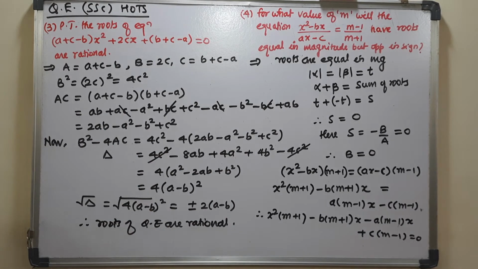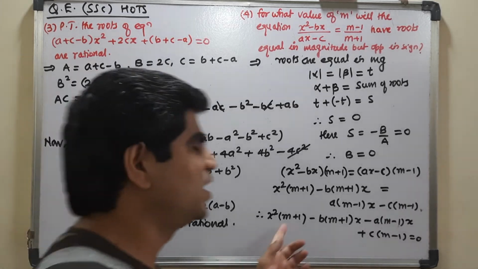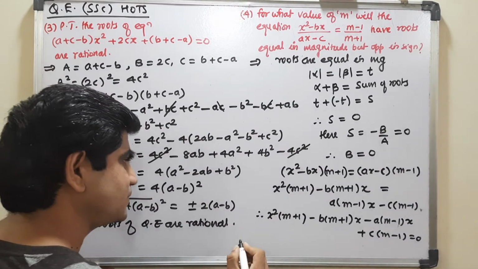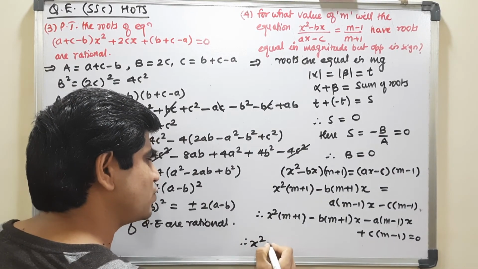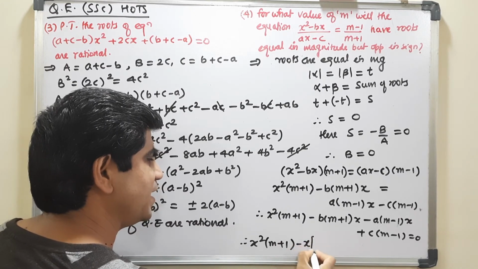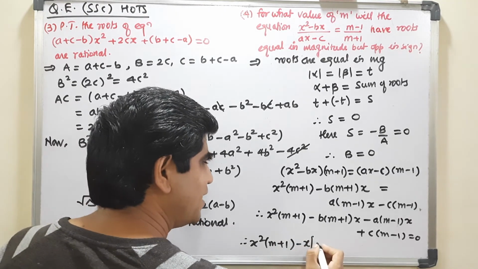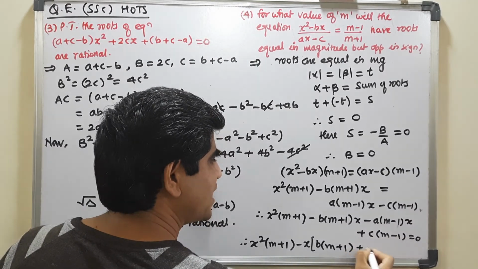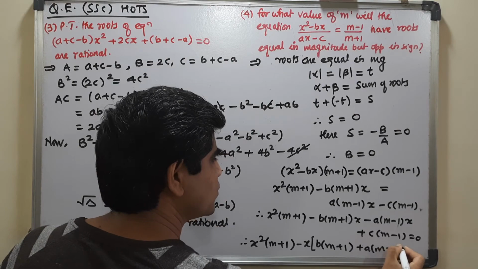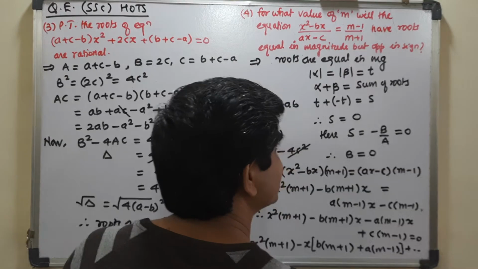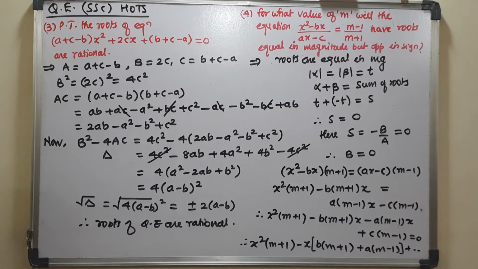So in short, you can very clearly see that this particular equation has turned into x square into m plus 1 minus x, I am taking common over here, b into bracket m plus 1 plus a into bracket m minus 1, and plus c into m minus 1 as it is.